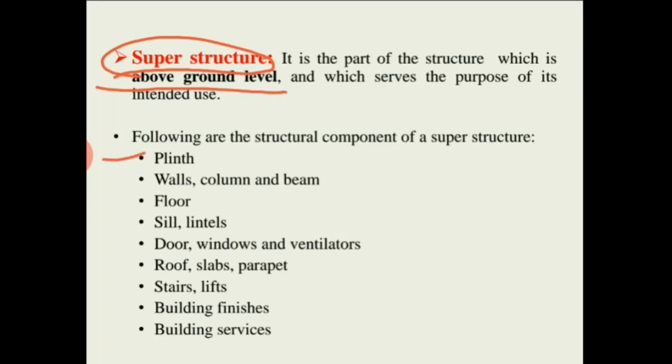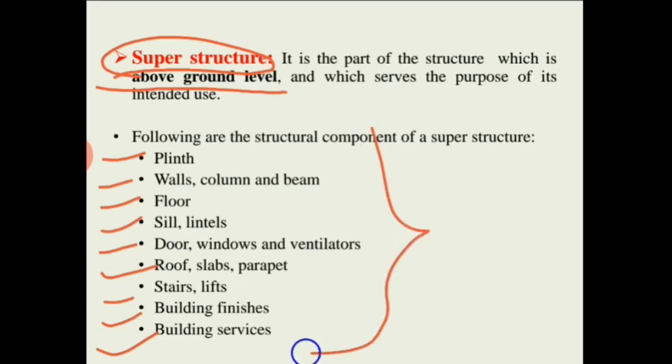First is plinth, second wall, column and beam, third floor, sill and lintels, next door, window and ventilators, next is roof, slab and parapet, next stair and lift, next component is building finishes like plastering, pointing, whitewashing, etc. And the last component is building services like electricity, water supply, etc. So all these components are involved in superstructure.